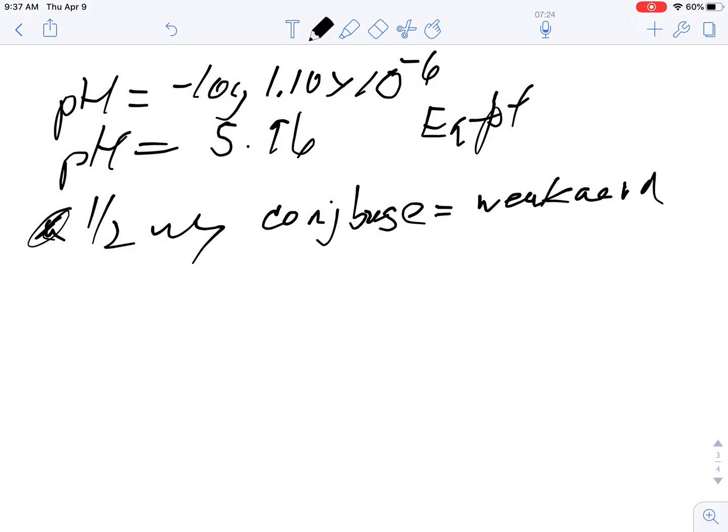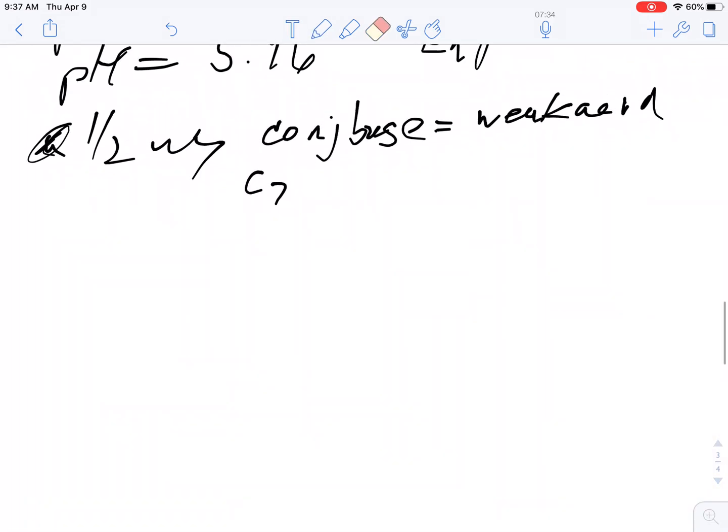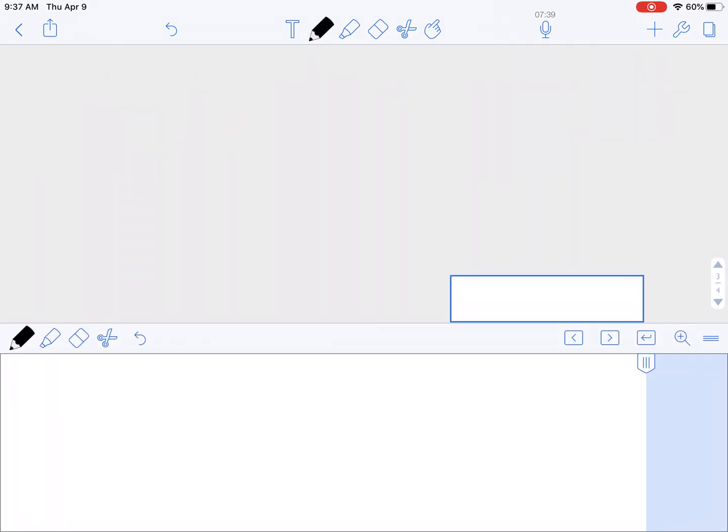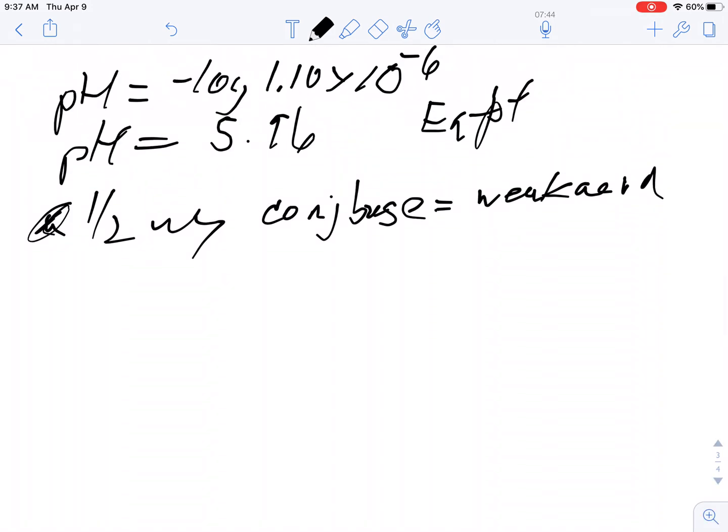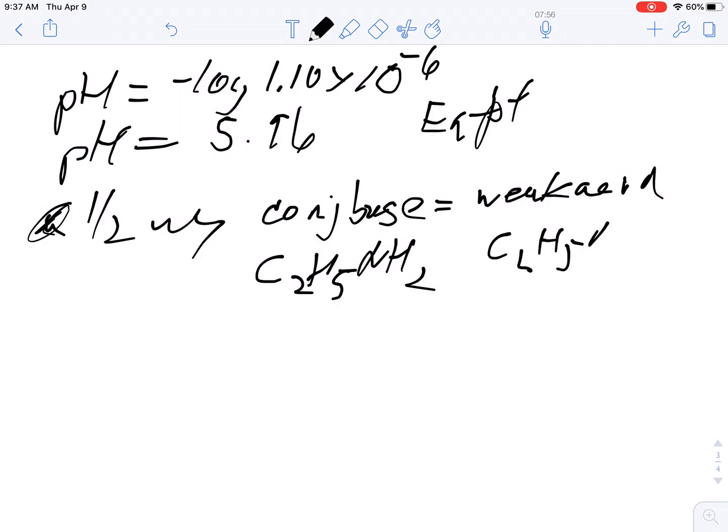My conjugate base happens to be C2H5NH2. That's my weak base. The weak acid is C2H5NH3 plus.